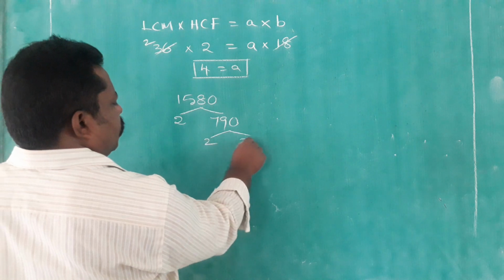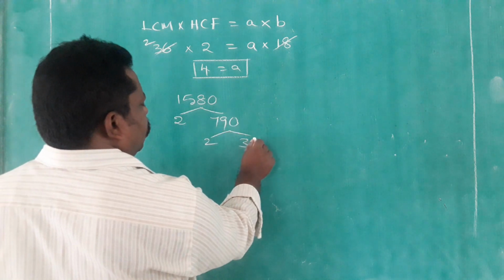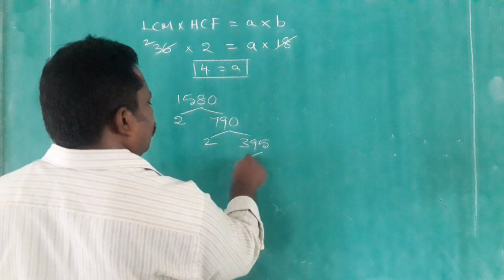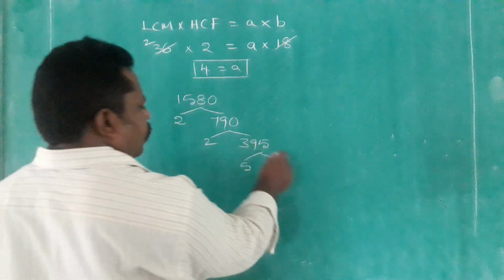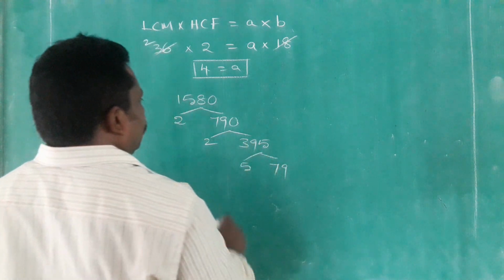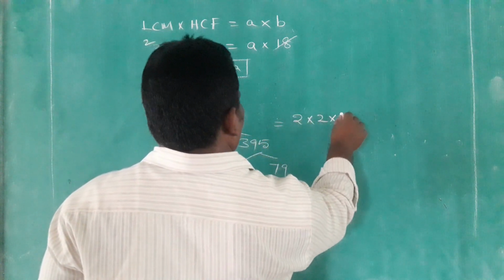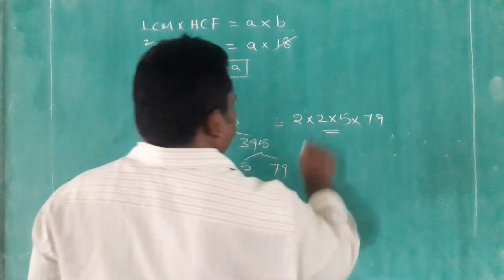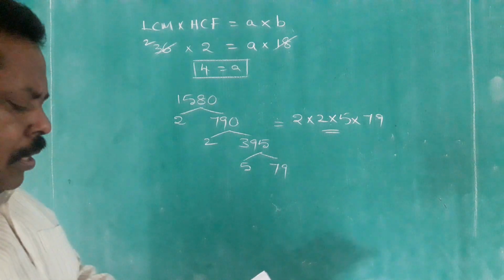Again, 2 threes are 6, 2 nines are 18, and 2 fives. 5 sevens are 35, 5 nines are 45. Therefore, this can be written as 2 into 2 into 5 into 79. Okay, in this question the product is 2 into 2 into 5 into 79.